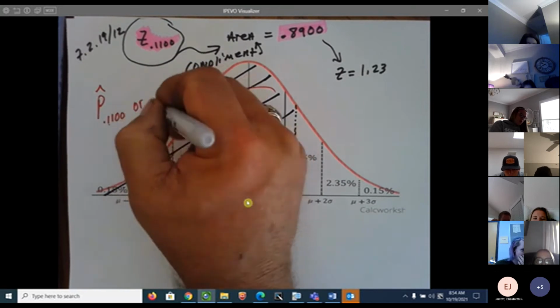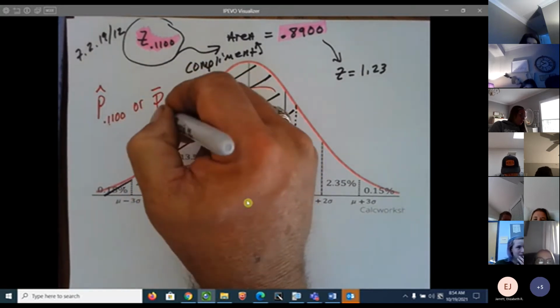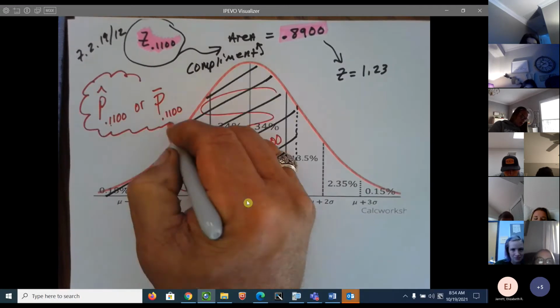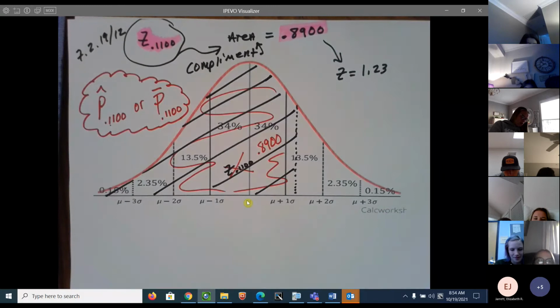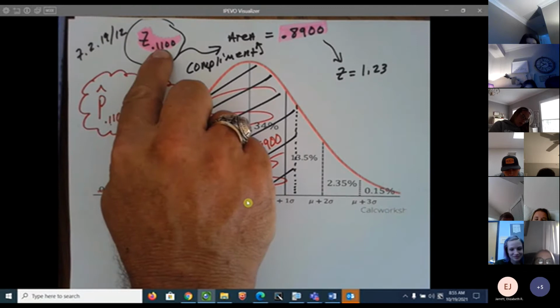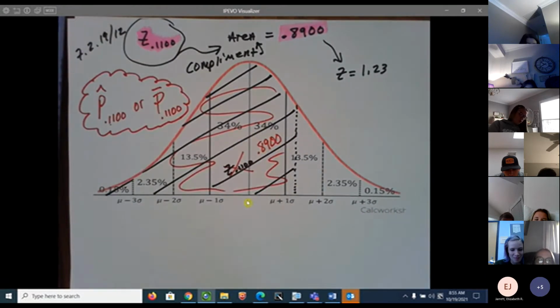Or you might see something like this. This is what I'm used to seeing. Because when you see that Z, you think that's a Z-score. Okay.